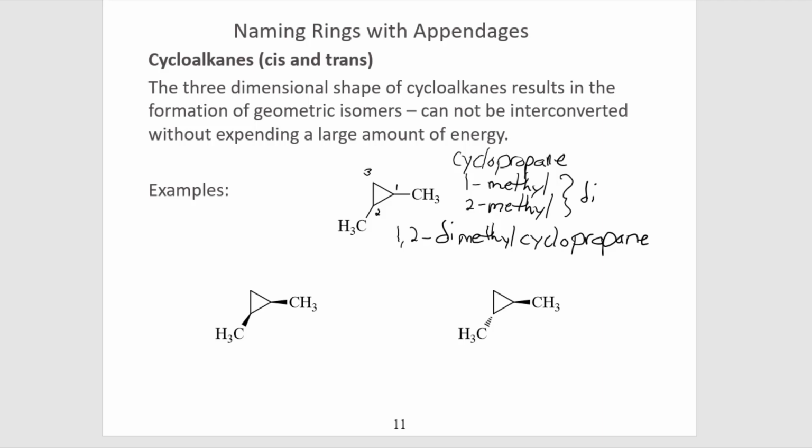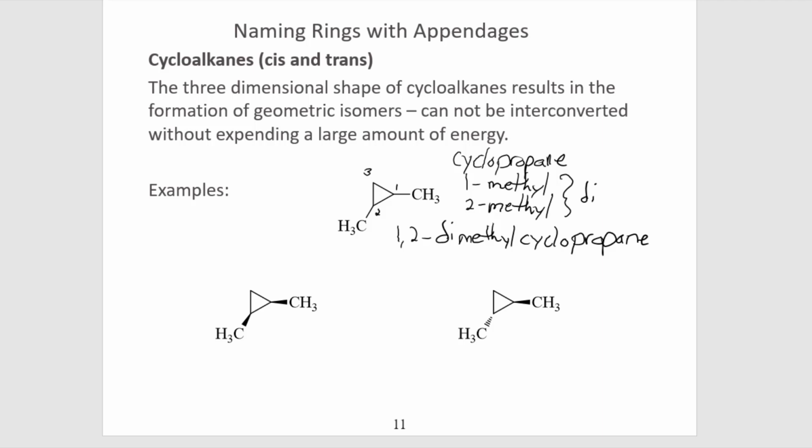And what you're going to notice is that sometimes, especially in ring systems, you'll see wedges and hashes used. What we're going to learn in chapter 5 is that the two molecules written below, if I change the straight bonds to be more specific about the through-space connectivity, is similar to having double bonds in a cis or trans configuration.